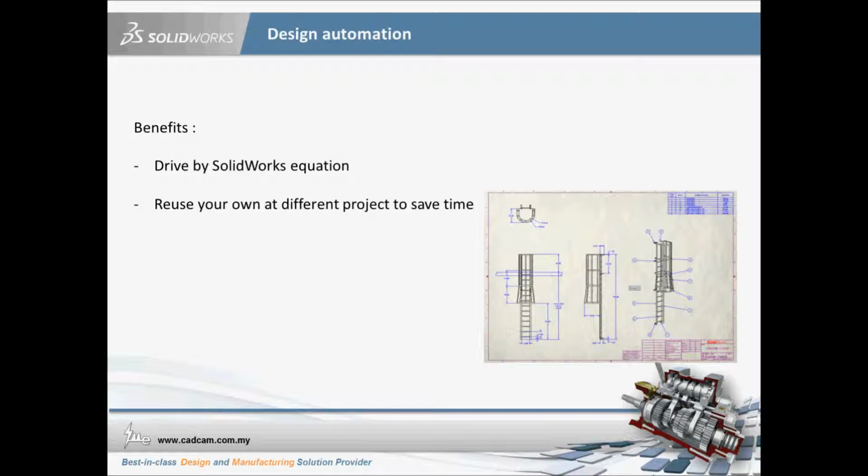By using the right equations, the design will update automatically. So imagine how much time you have saved by promoting design reuse. Okay, so these are some of the great features that I wanted to share with you in this industry, and a lot of my customers are actually enjoying these benefits.